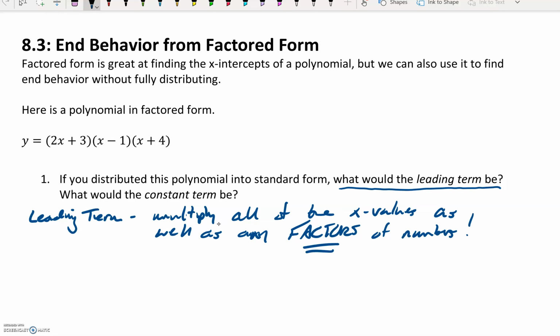Now, this is important, factors of numbers, and we'll look at that in the next example. But in this example, I don't have any factors that are just numbers. Notice all of my factors here are binomials.